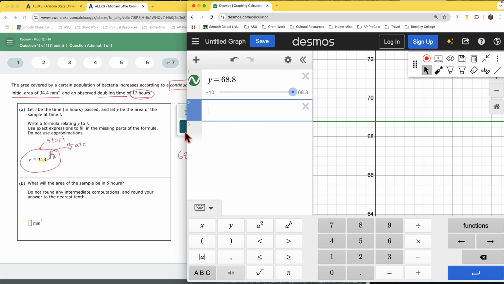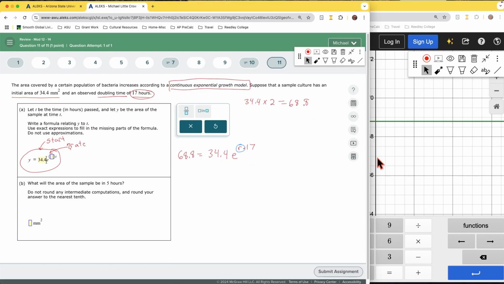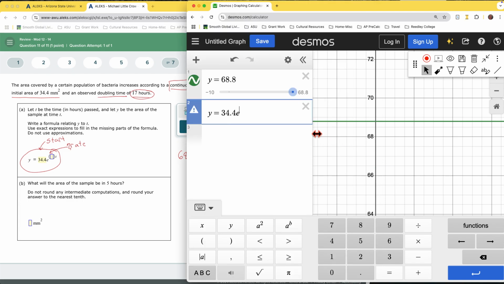Then I put in this other equation as y equals 34.4 e raised to the r. We use x for the r because that's what we can do, and I'll do it as 17x, because that's what we've got here. 17 times r, or r times 17, or 17x.